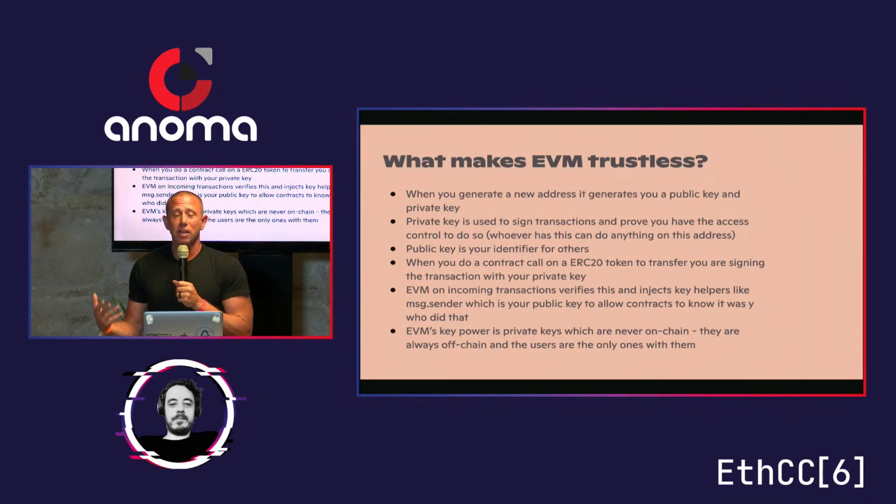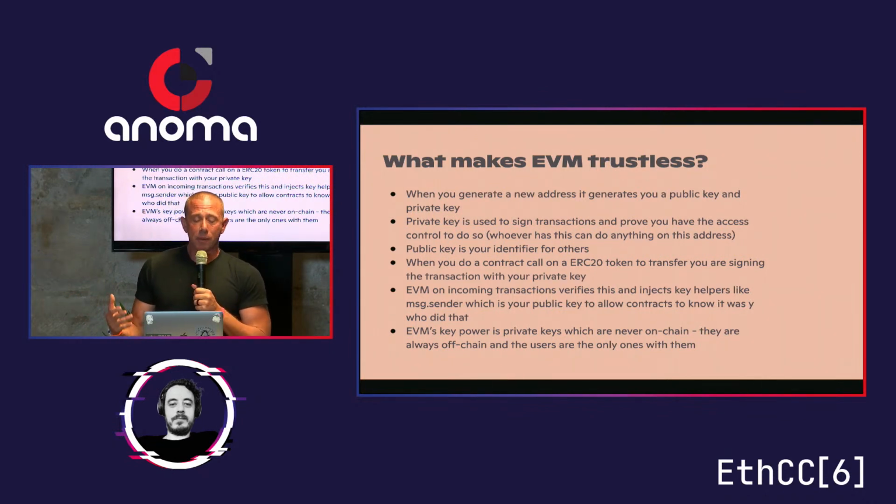When you generate a new address, it generates a public key and a private key. The private key is used to sign the transaction and prove you have access. When you do a contract call to transfer something or to make any interaction, you're signing the transaction with your private key. The EVM's power is private keys, which are never on-chain. They're always off-chain.